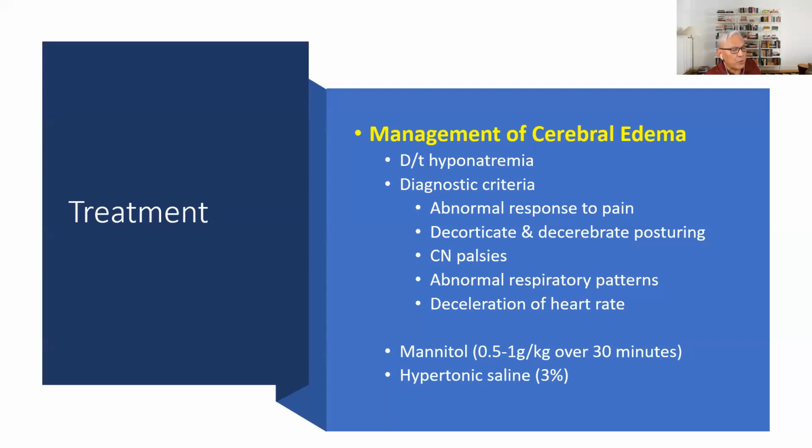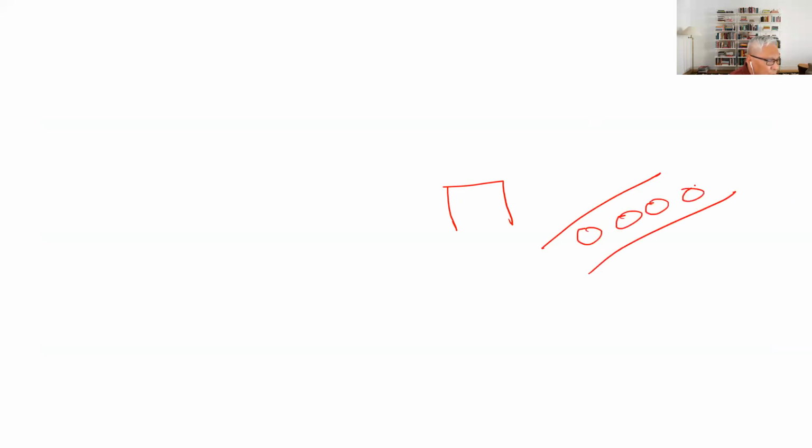When that happens, we usually treat the patient with mannitol, because you remember mannitol is a hypertonic solution. So if you remember my illustration over here with hypertonic solution, if this is the brain cell, and now you give mannitol, and mannitol has a lot of particles.